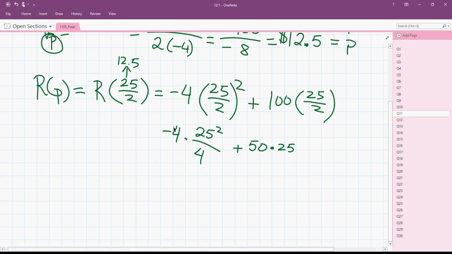The 4 and the negative 4 cancel. At this point, though, you probably put it into a calculator. So we have negative 25 squared, and just be careful, it's 25 squared, then the negative of that, plus 50 times 25.